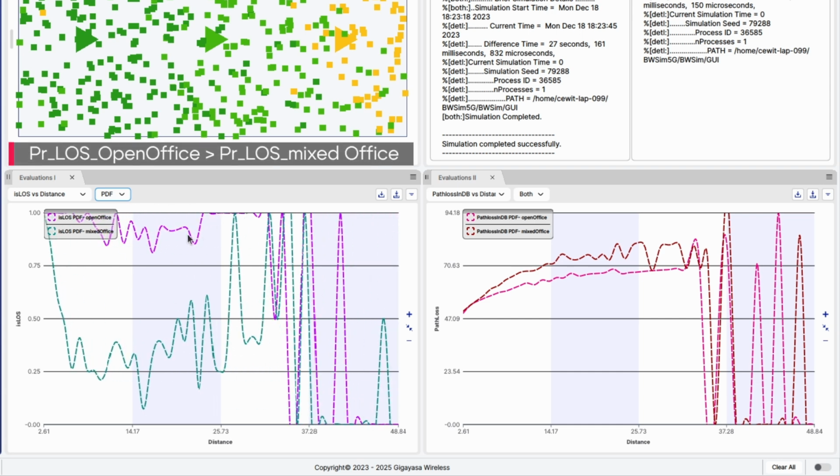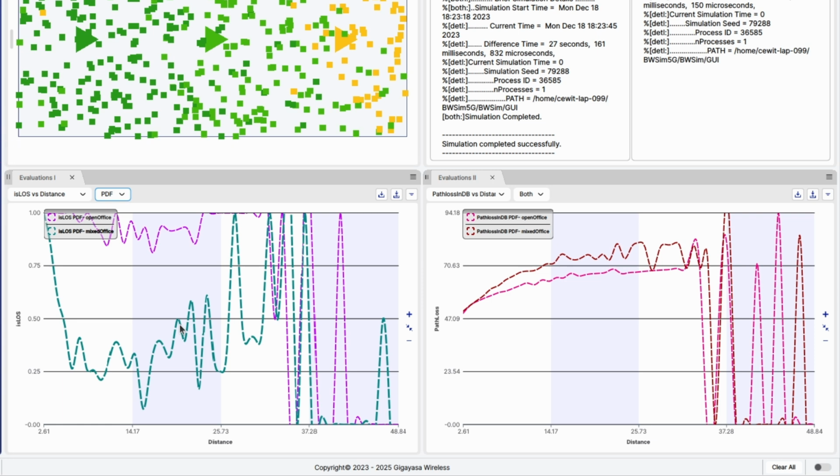Again, it can be seen that the open office has a higher probability than the mixed office, meaning it is more likely to find a direct line of sight path between the transmitter and the receiver in an open office scenario than in a mixed office scenario, which is again, as said earlier, densely populated with scatterers.